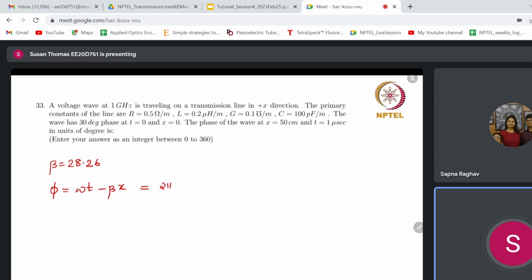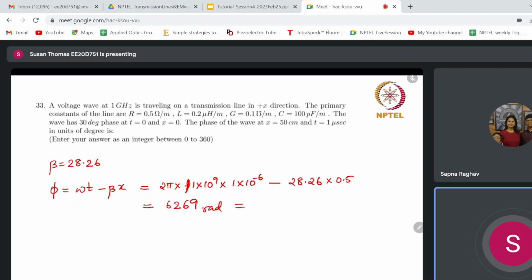Omega is 2 pi into f, that is, f is 1 giga, into time t is 1 microsecond, 1 into 10 power minus 6, minus beta, which is 28.26, into x, which is 50 centimeter. Let me make it in meters, 0.5. So if you do this calculation, you will get the phi value. Whatever you get will be in radian. So approximately it will come out to be 6269 radians.